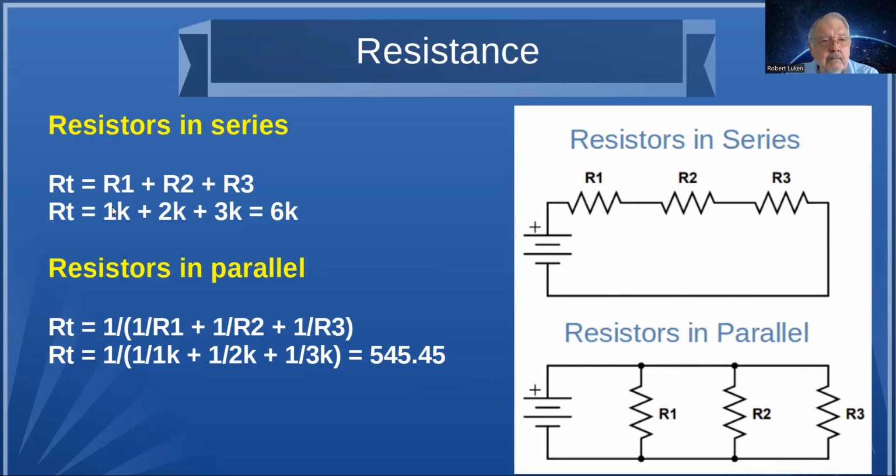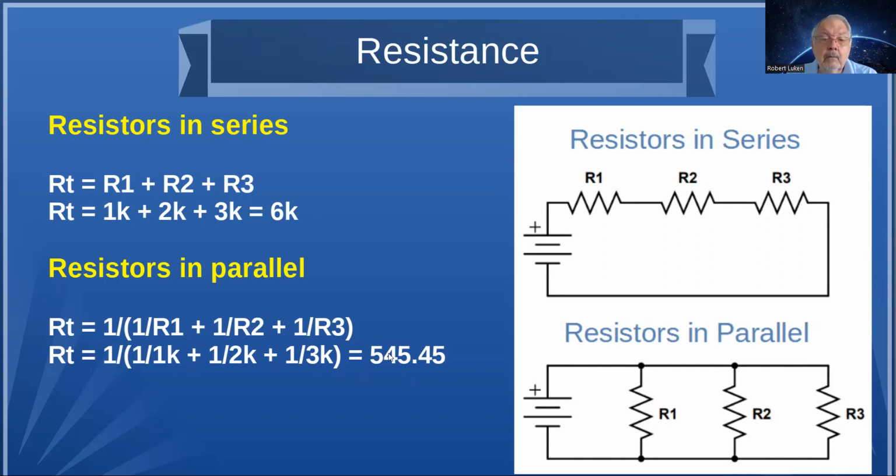And I use the same values in both of these circuits. So when they were in series, I had, wait a minute. No, I didn't use the same value. Yeah, I did. Okay. Oh, that's right.